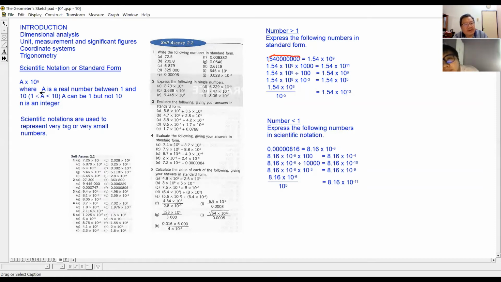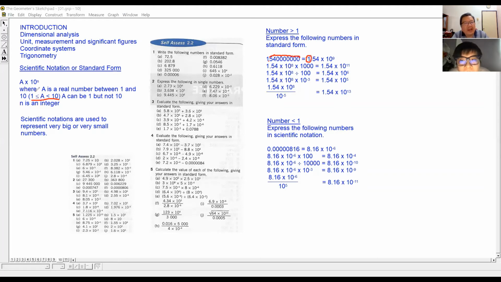So that is the reason why they say over here the number is between 1 and 10. Can you see the red line that I'm drawing on the left-hand side? 1 to 10. The reason is they want to restrict the A to only one number in front.